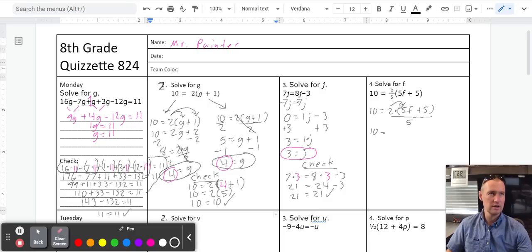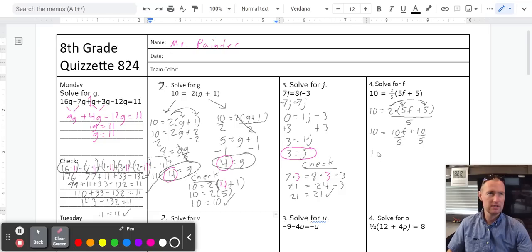So we got 2 times 5 and 2 times 5 there. So on our top side, 2 times 5 is going to be 10f, 2 times 5 is plus 10, and the whole thing's over 5.